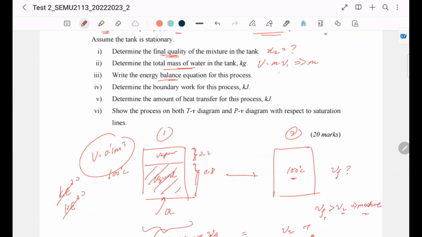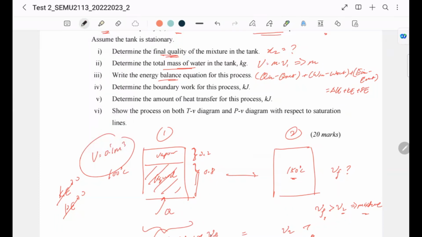So the energy balance equation: Q in minus Q out plus work in minus work out, E in minus E out, that will be equal to delta U plus kinetic energy plus potential energy.